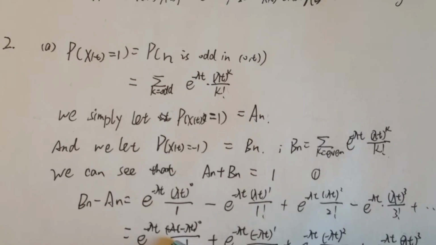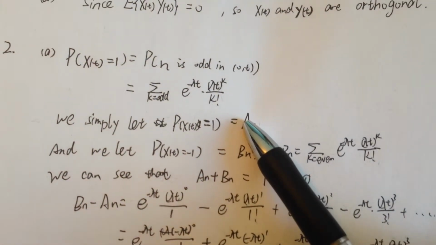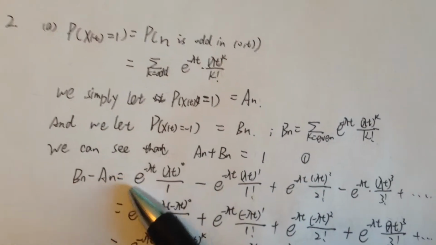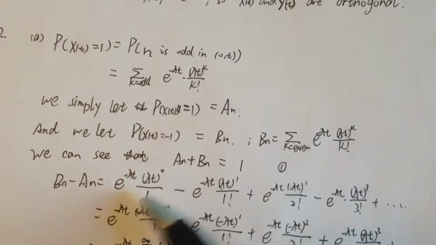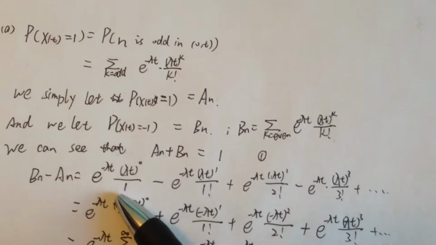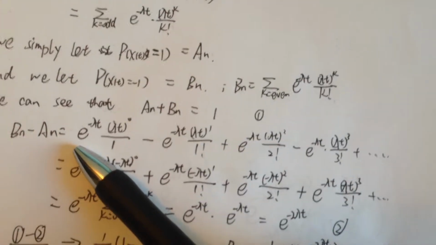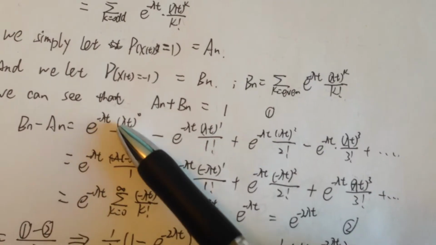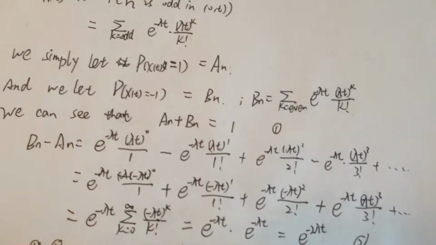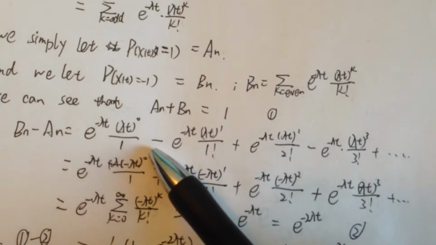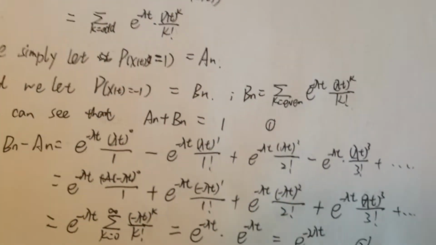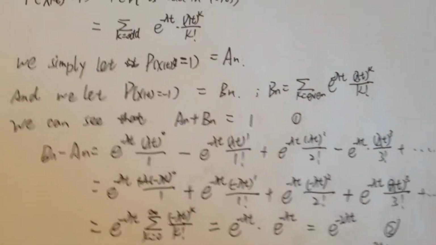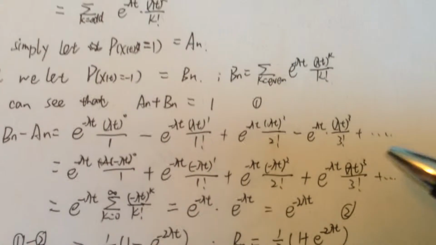So to calculate a_n, we should calculate b_n minus a_n, and we can simply write it into one formula. It equals e to the minus lambda t times (lambda t) to the power 0 over 0 factorial, minus e to the minus lambda t times (lambda t) to the power 1 over 1 factorial, and so on.